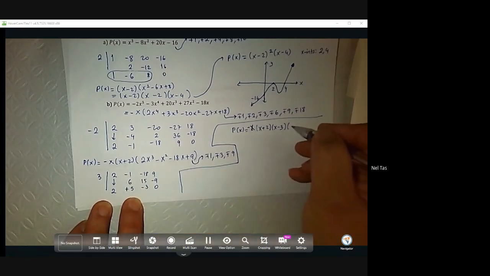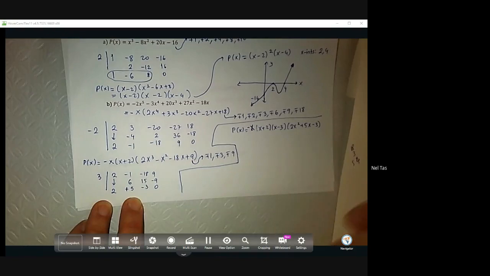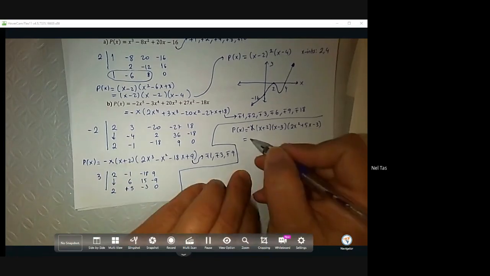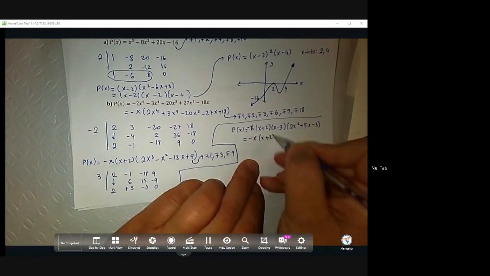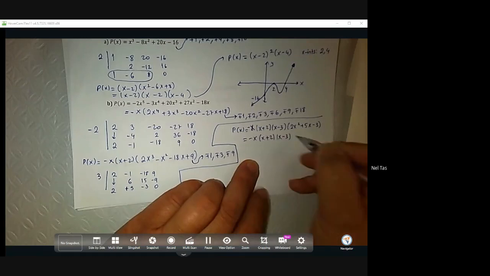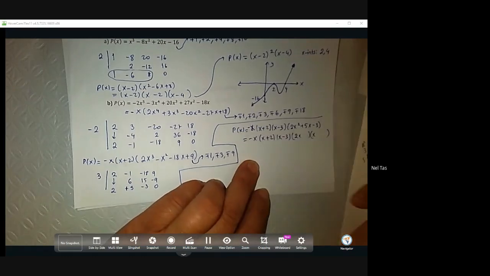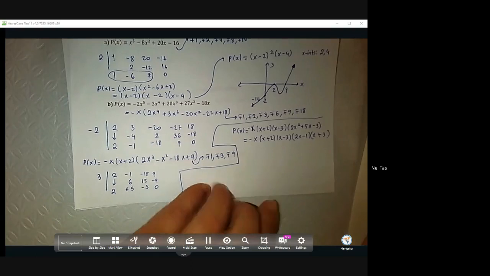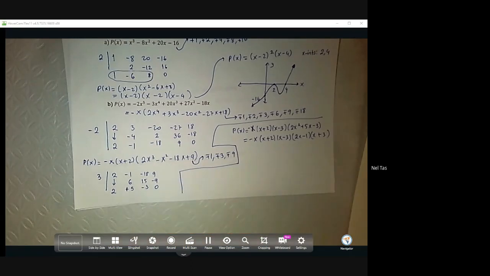So this gives you 2x squared plus 5x minus 3. Now we are going to factor this trinomial, negative x, x plus 2, x minus 3. Let's factor this. So we get plus 3 minus 1. Now this polynomial is fully factored.